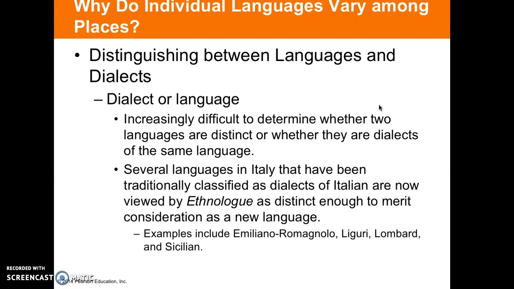But if you move further and further away from the area where the dialect is spoken, it's possible that you could find another speaker of that language who doesn't understand it. But usually the further apart you are, the harder it is to tell the dialects apart. But in general, if it's a very similar language, it's mutually intelligible, and there's some differences in vocabulary, it'll be considered a dialect.